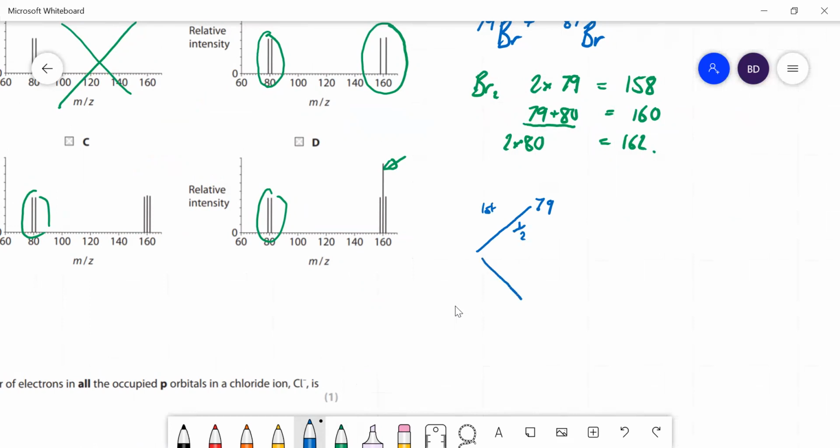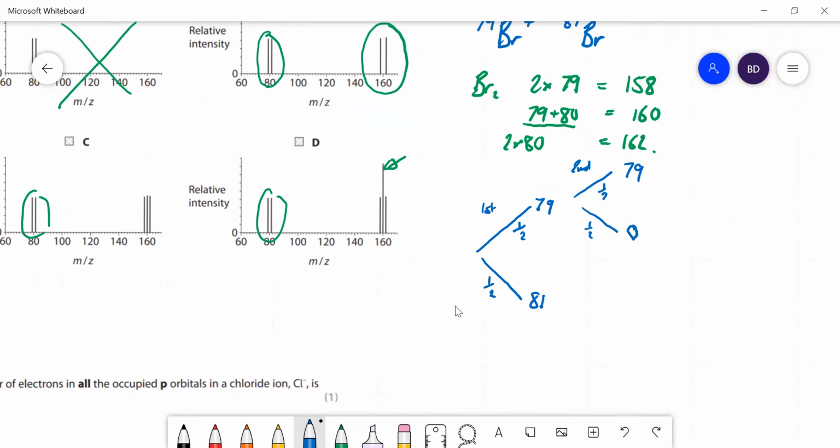Or the first one is 81, that's also a 1 in 2 chance. Now you look at the second one. Well, the second one could be a 79. That's also a 1 in 2 chance. Or it could be an 81. That's also a 1 in 2 chance.